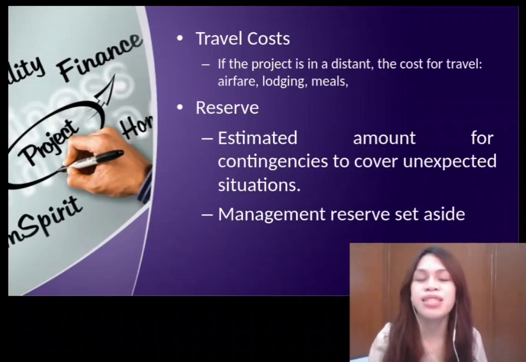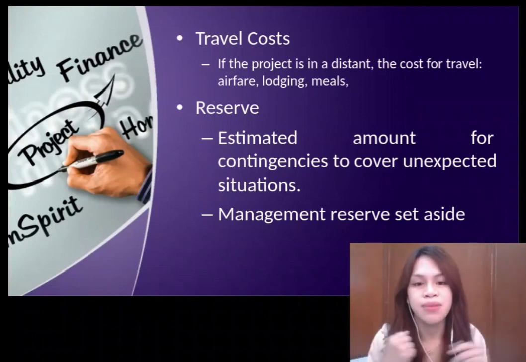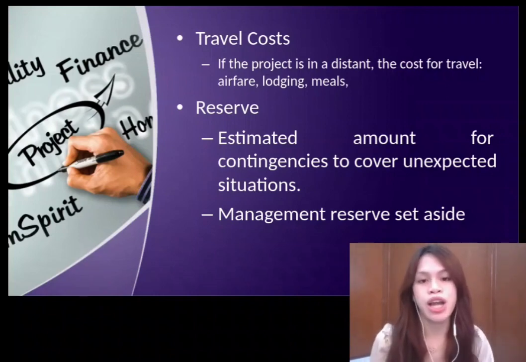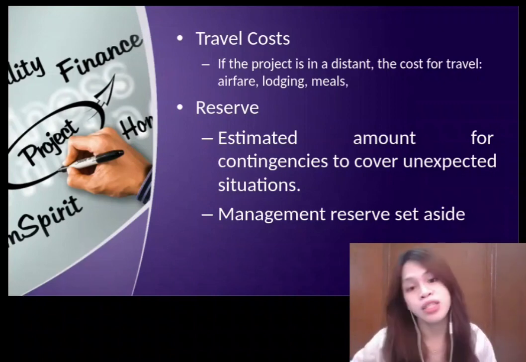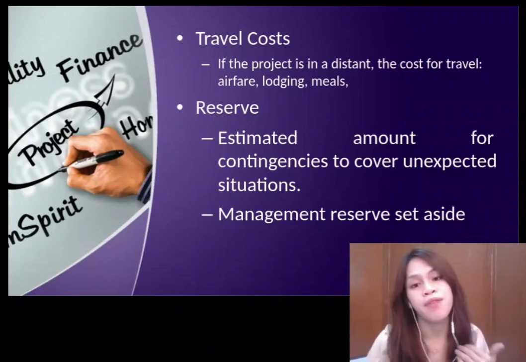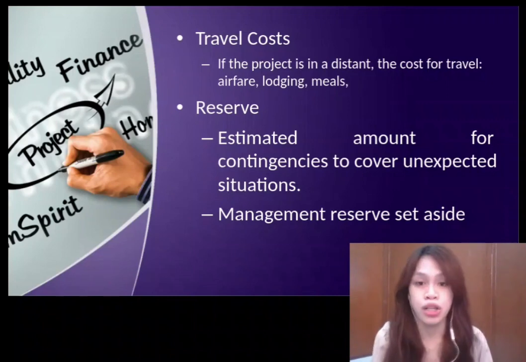Contingencies can include a range of unforeseen events like delays, equipment failures, natural disasters, or even unexpected changes in the project scope or requirements. By allocating a portion of the project budget to cover contingencies, project managers can minimize the risk of cost overruns and delays and ensure that the project stays on track.